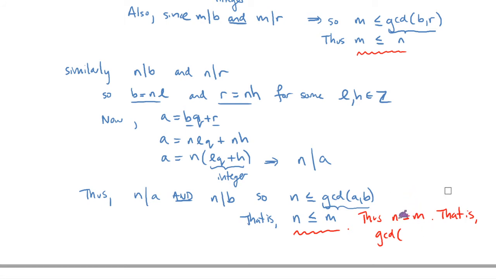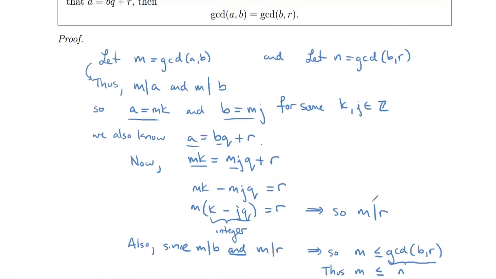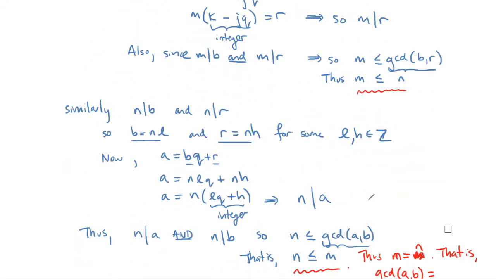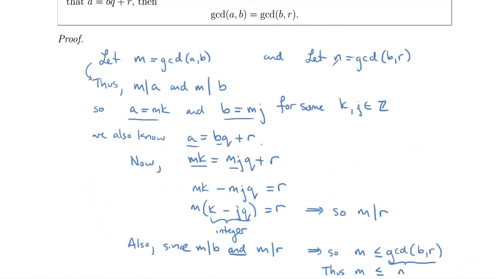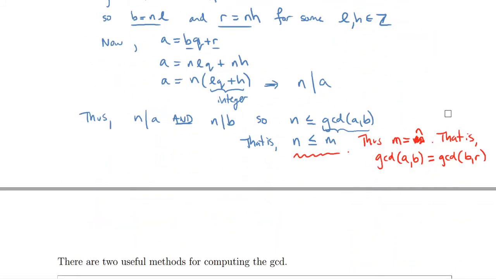So m is equal to n, and I'll write it in exactly the same order. It doesn't matter because of symmetry, but I have the GCD of a and b is equal to the GCD of b and r. Yeah. Okay, cool.